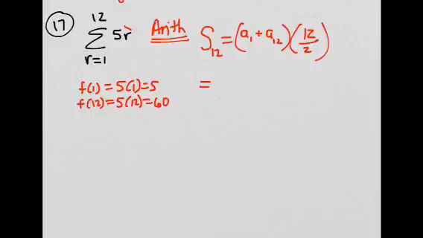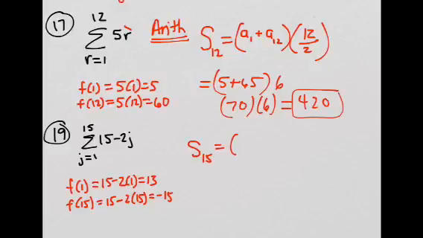I need the first number and the 12th number, so I use this formula to get them. So now I'm going to add them together, and so it's 5 plus 65 times 6. 12 over 2 is 6, so this is 70 times 6, which is 420.